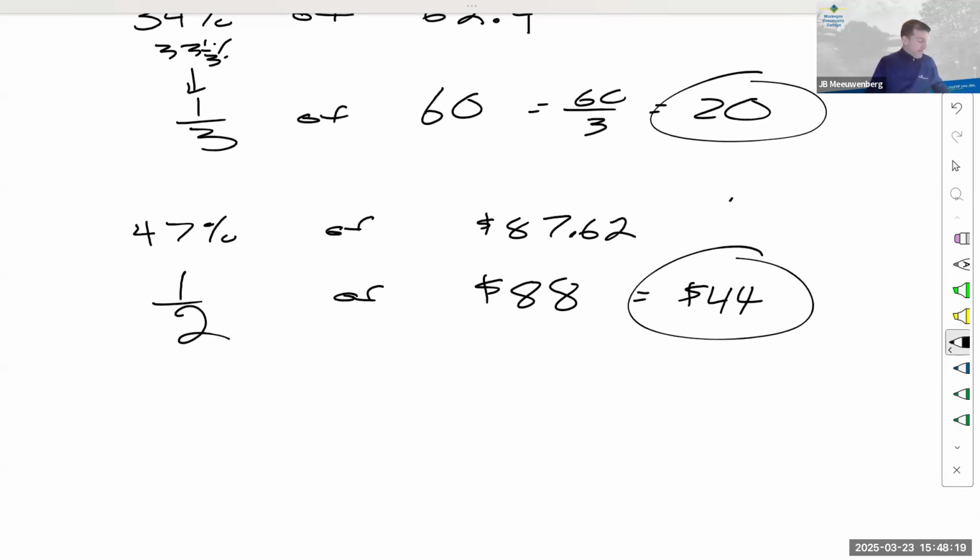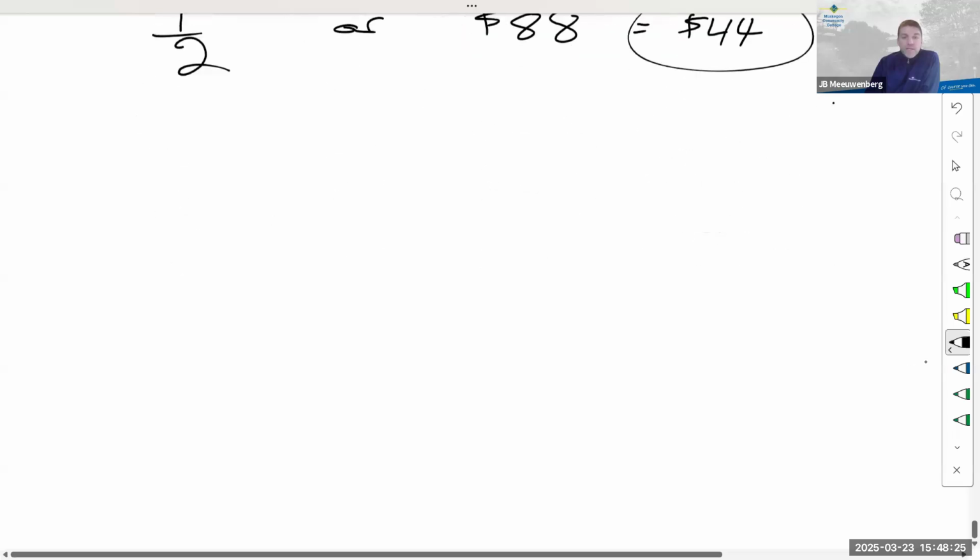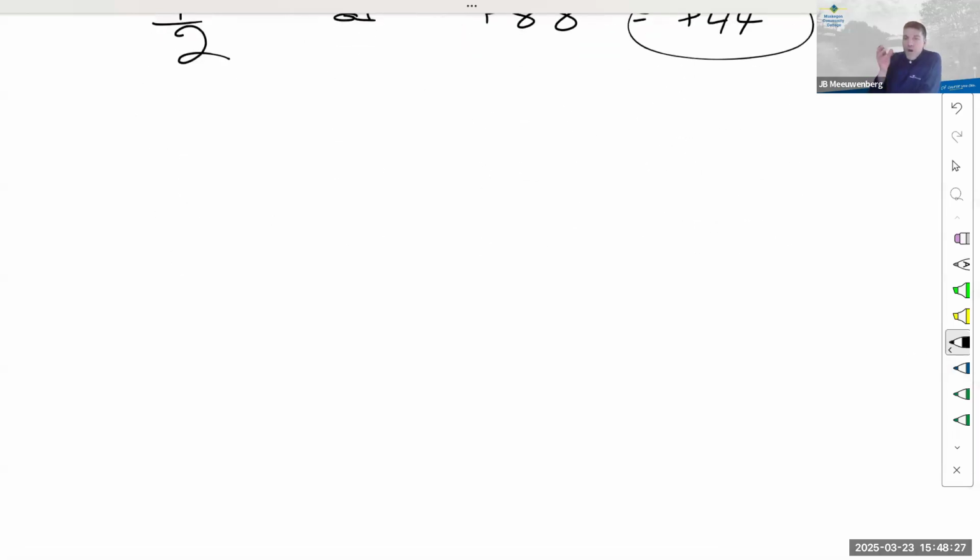And then the last thing we'll look at here is doing some approximating when we have to change our percentages, or we take a percentage that's written as a fraction, making it a compatible fraction. I'll show you what I mean here.